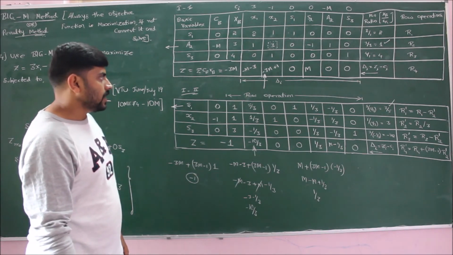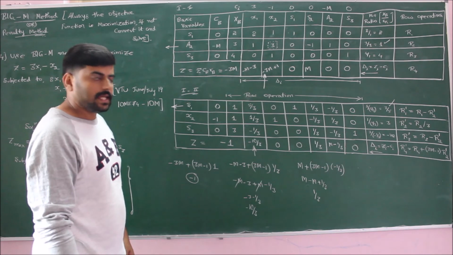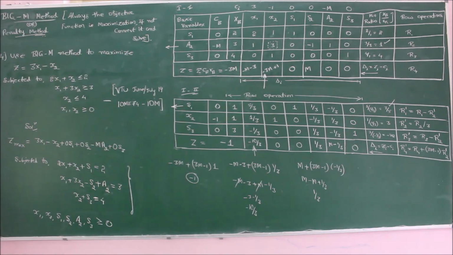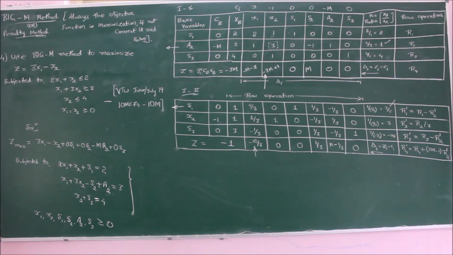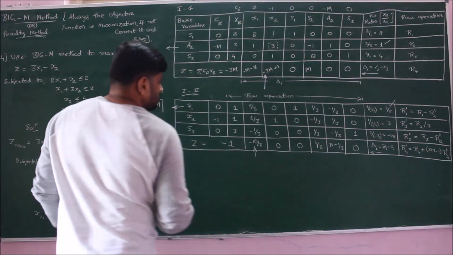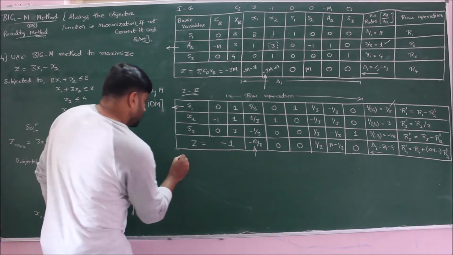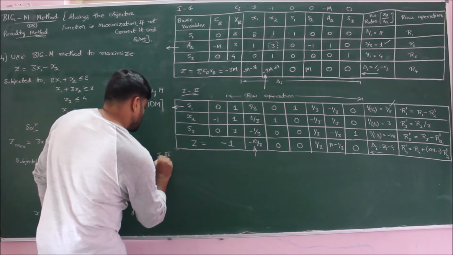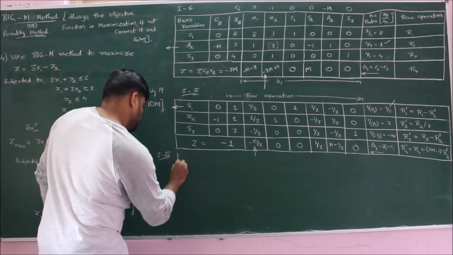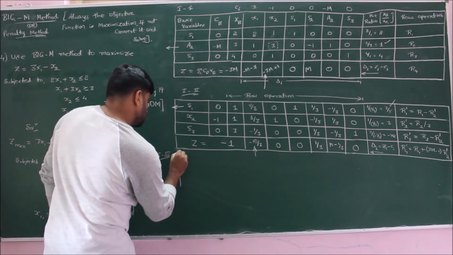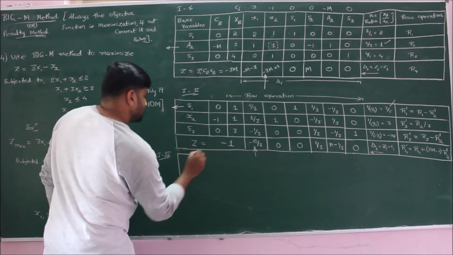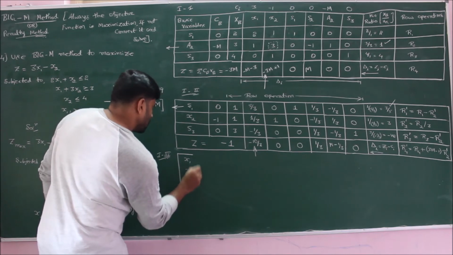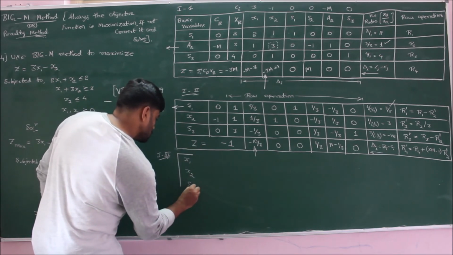Let us perform the operation for iteration number 3. Now coming for iteration 3, we have the basic variables as S1 moving out and X1 coming in, X2 unaltered, and also S3 unaltered.